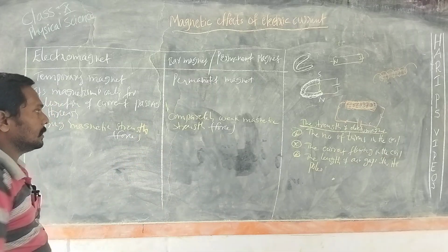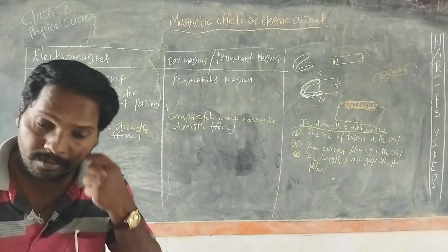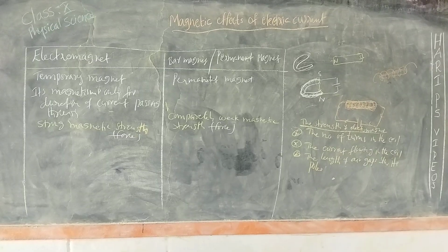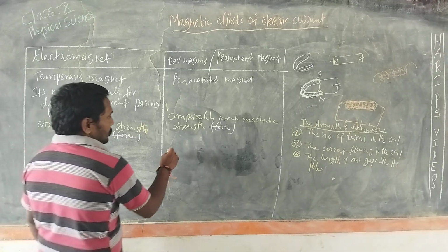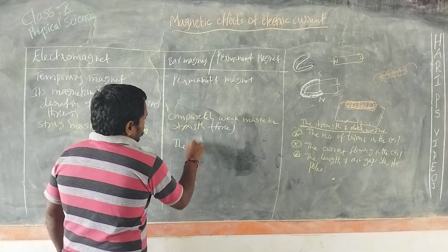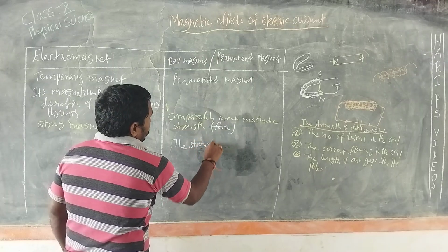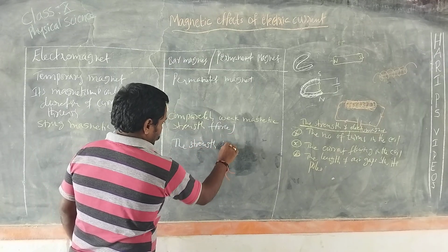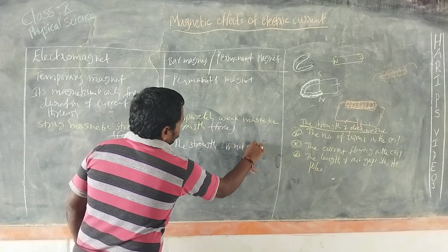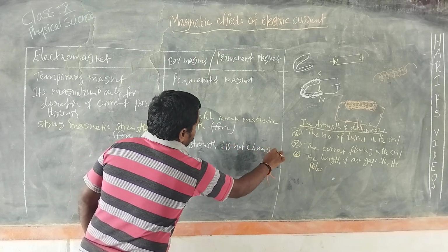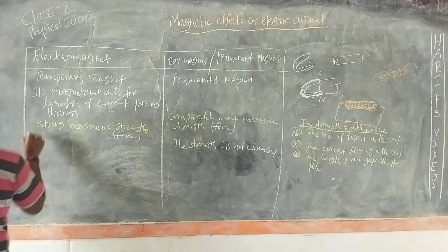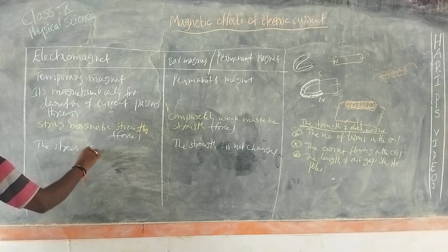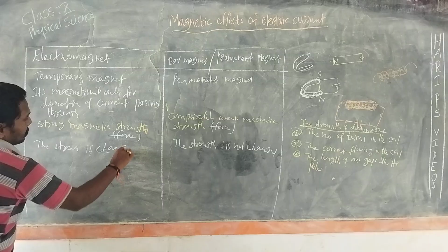Then in case of a bar magnet, the strength of the permanent magnet cannot be changed. The strength is not changed. Here the strength is changed.